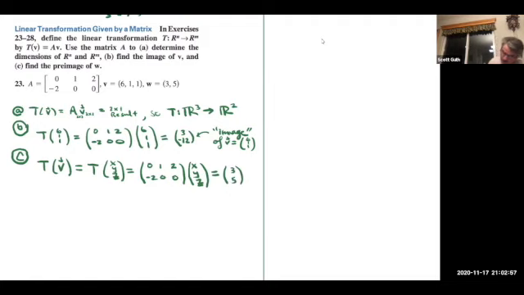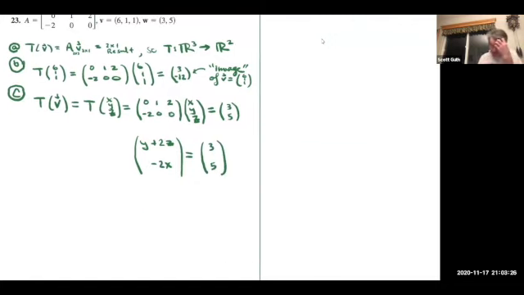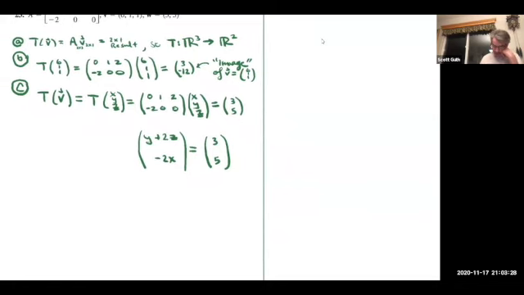Okay. And so if you work this through, just multiply that matrix out and you get y plus 2z first, and then negative 2x in the second row, like that. So this has to be equal to 3, 5. So x is going to have to be negative 5 halves, and then there's going to be a whole bunch of solutions.